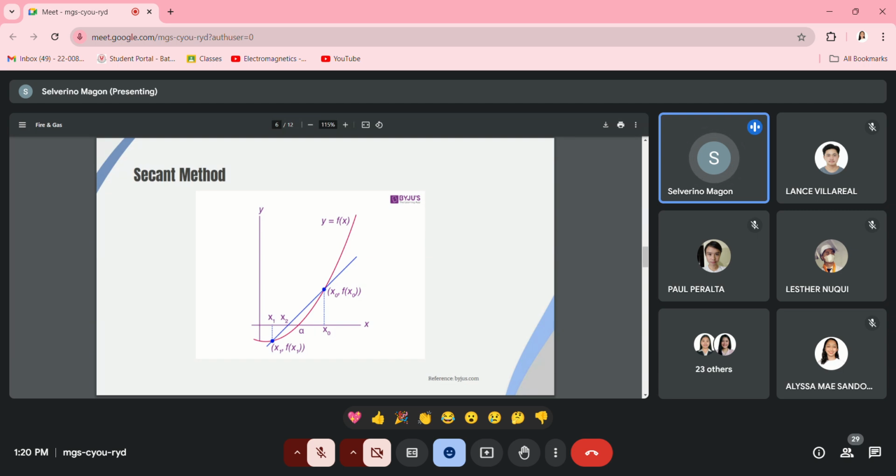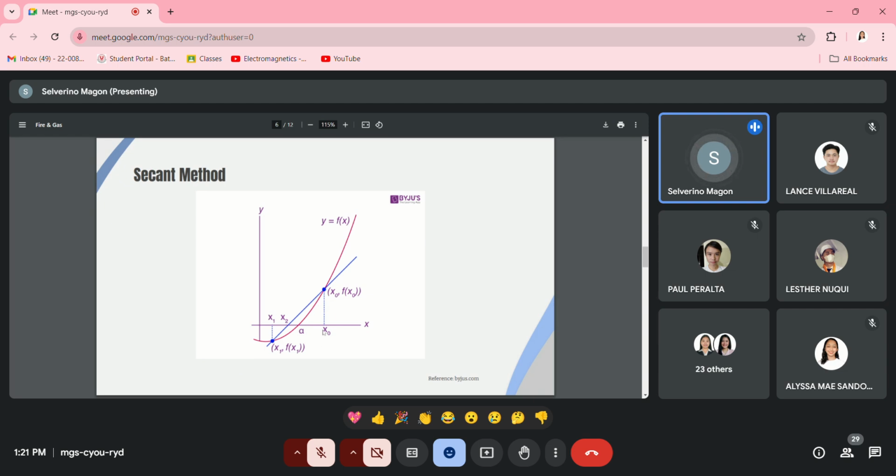So here's a more intuitive demonstration of how the algorithm works. Let's consider the following function plotted in the red graph right there. For our initial guess at x0 and x1, we project a straight line between those 2 points. So that's our first secant line in our first iteration.